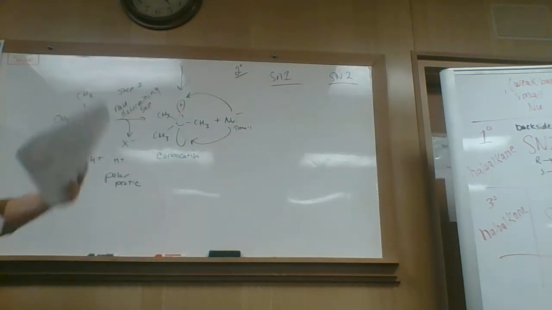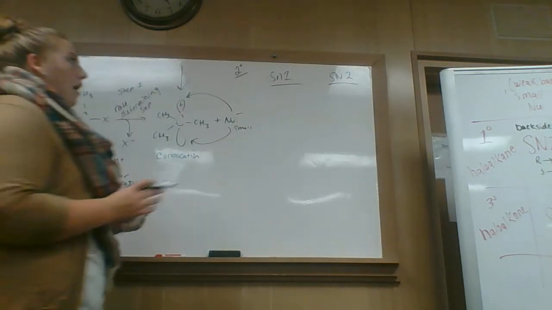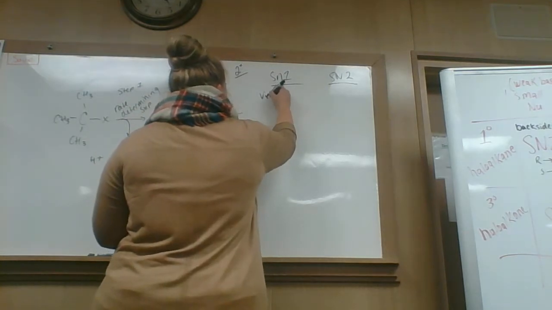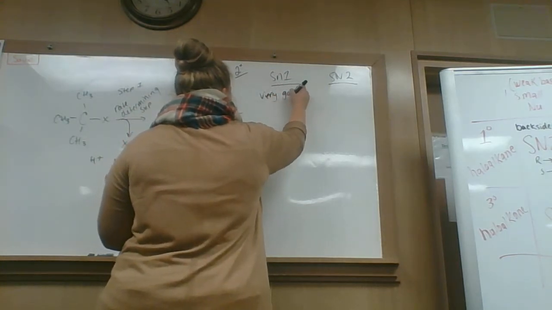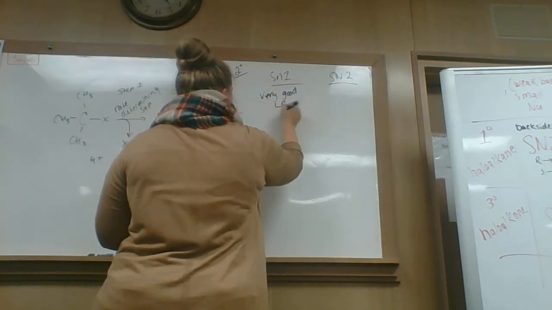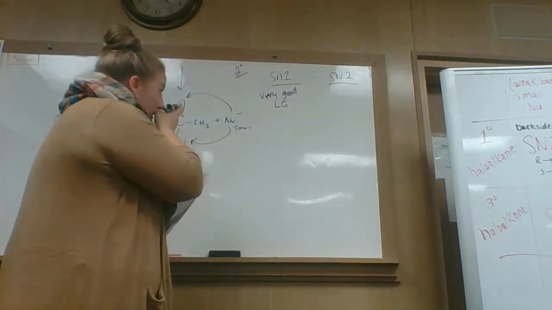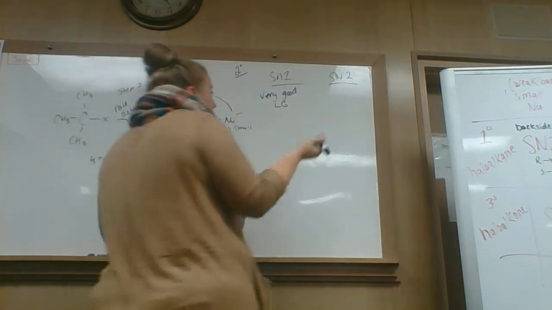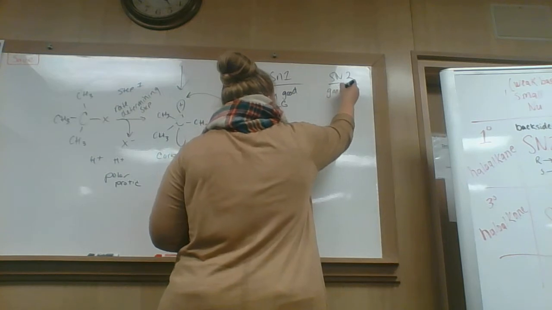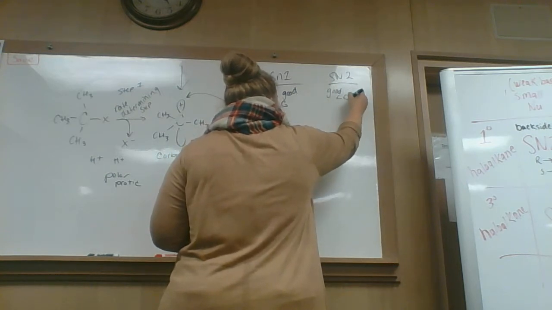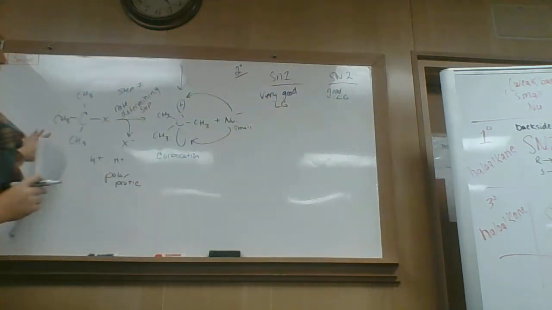Because it can be used in both. There are a couple things that you can keep in mind. So for an SN1 to take place, you need to have a very good leaving group. LG is leaving group. For an SN2, you only need a good leaving group. And again, that makes sense.